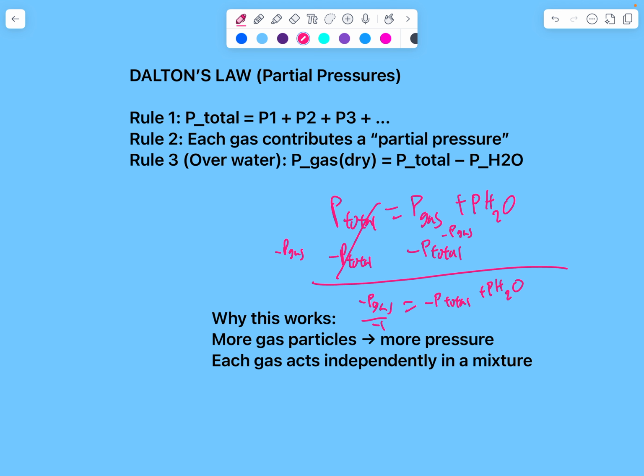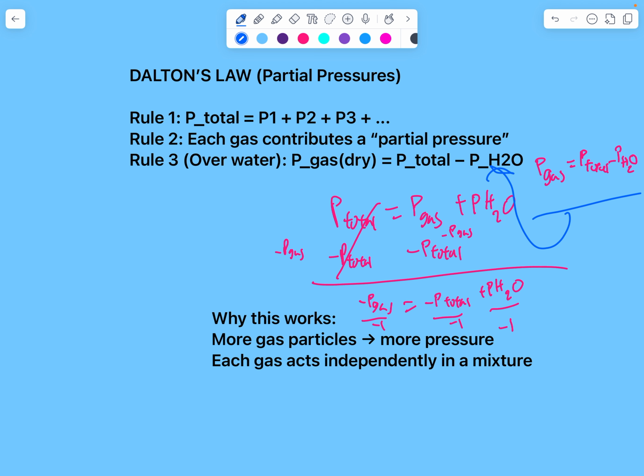But if I divide everything by -1 to get rid of the negative P gas, because that's not even a thing, you will end up with P gas equals P total minus PH2O. And I will never use this pink again. I'm sorry, that was so bright. But you see, it led me to the same formula.